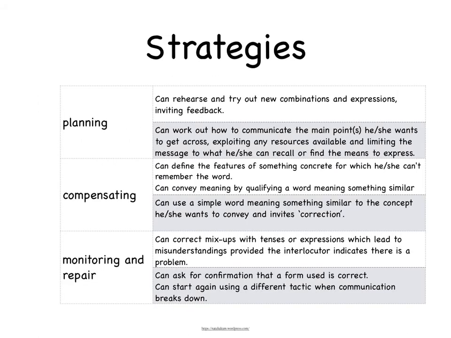And if you remember, we also talked about the strategies that have descriptors in the companion as well. So for your preparation, when students are preparing to actually write, they have these 3 strategies. Number 1, we've mentioned already, planning. That's important. Then compensating, and monitoring and repair. Planning, yes. For example, they can rehearse and try out new combinations. This is basically when you're preparing this in class. So this is not the exam situation, but you've been asked to write about whatever.